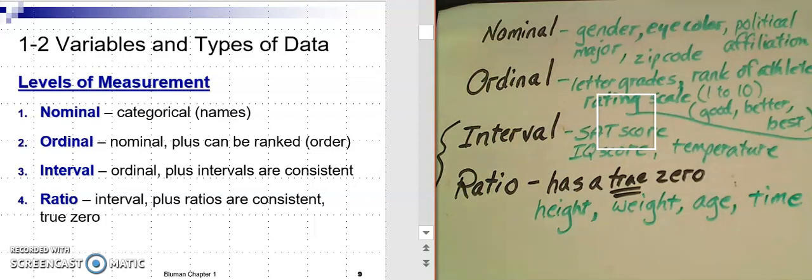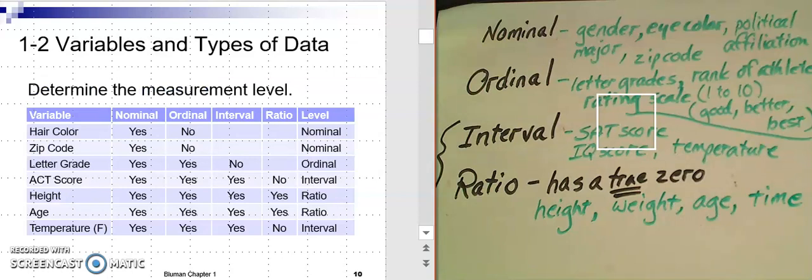Now in the next slide, we've got some here to consider. Like you're given the hair color and you're asked to determine what kind of measurement this is. Well, it's just a name. You can't say one hair color is better than another, so its level of measurement is nominal. The same thing's true with zip code. Its level of measurement is nominal.